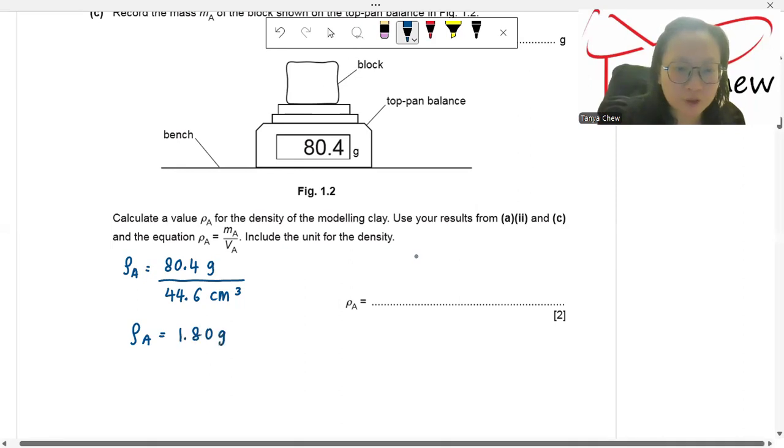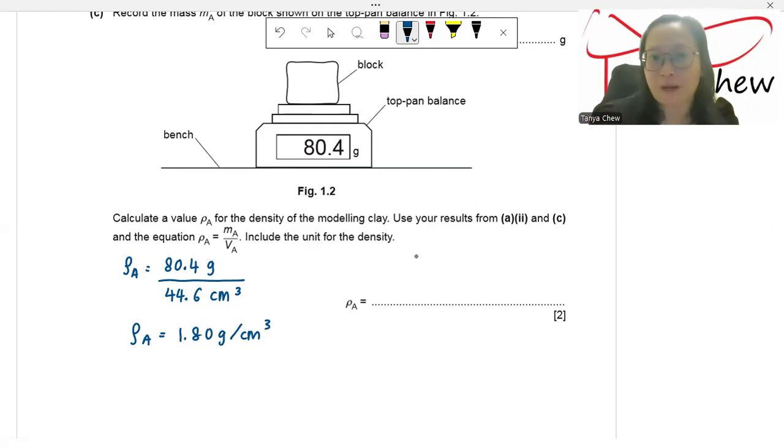I put the unit of rho A as gram per cm cube. I put it in terms of 3 significant figures because my mass MA is in 3 significant figures, and my volume, I put it in 3 significant figures. That is why I put 1.80.